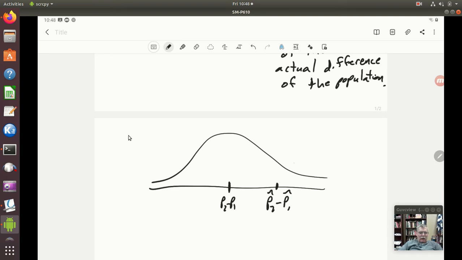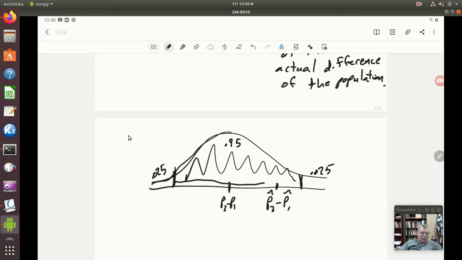And so once again, if this is the actual population, we could think of 95% of the population being in here, 0.025 out here, 0.025 out here, this is 0.95. And now, just like before, if I take this size interval, plus or minus 2 standard deviations or 2 standard errors, and slide it over to be centered on here, then 95% of the time I have the right answer, whatever it is, inside that interval.